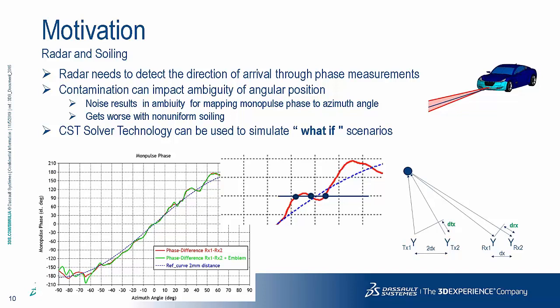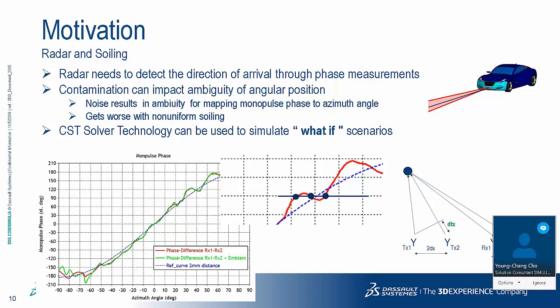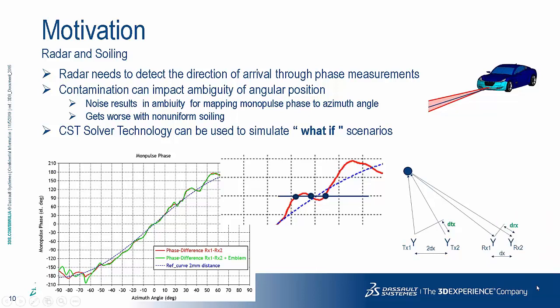And that's accounting for the installation conditions, so that if you have different materials around, that's going to impact that signal and cause regions where you're going to have maybe multiple angles being returned as the correct angle for which you're detecting.